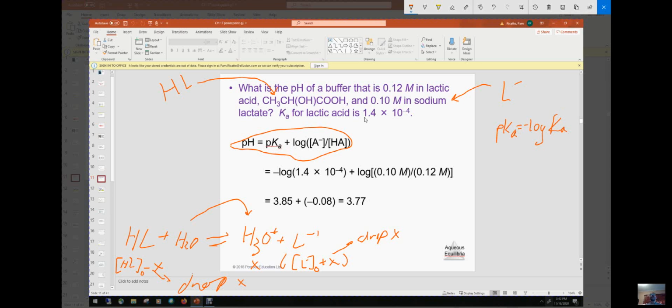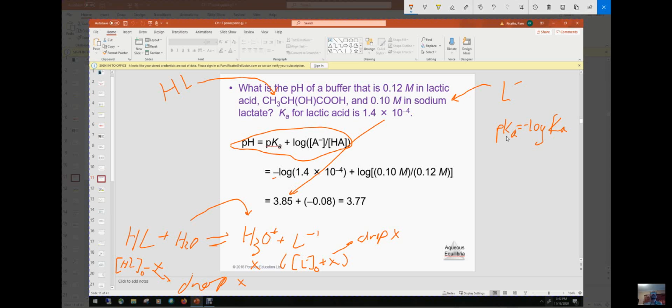Okay, so when I take the log base 10 of 1.4 times 10 to the minus 4th, that's going to give me a negative 3.85. Okay, and then put the minus sign on the negative 3.85, and I'll get 3.85. So this is just doing this over here.